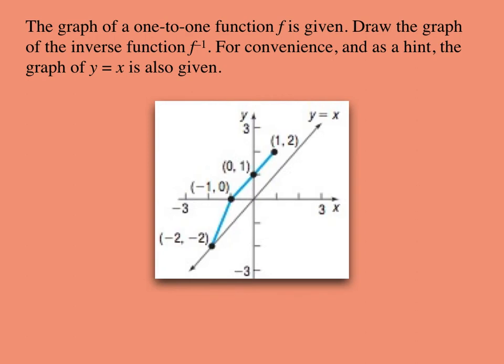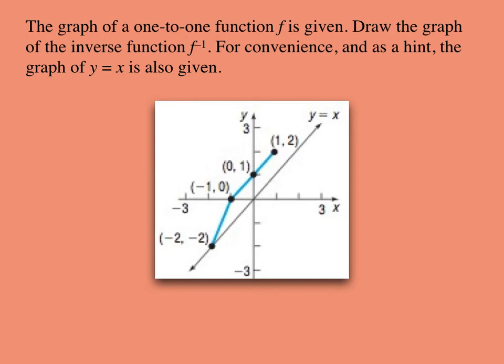So here we have the graph of a function, f, which is given in blue. And we're asked to graph the inverse function, f inverse of x. And what we want to remember is this line, y equals x, is going to be the line of reflection between f of x and f inverse of x.